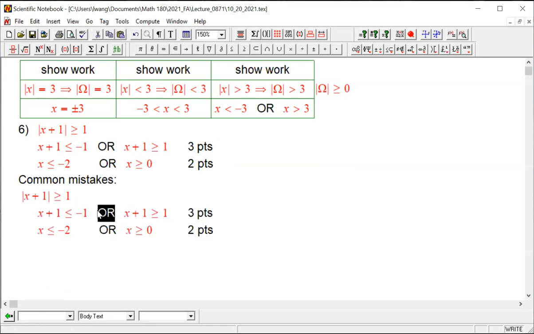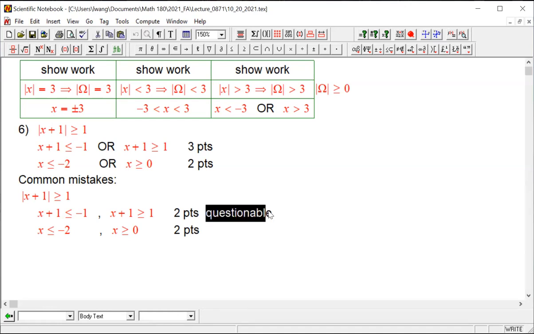Sometimes people leave it blank. If you leave it blank, this 2 points is questionable.